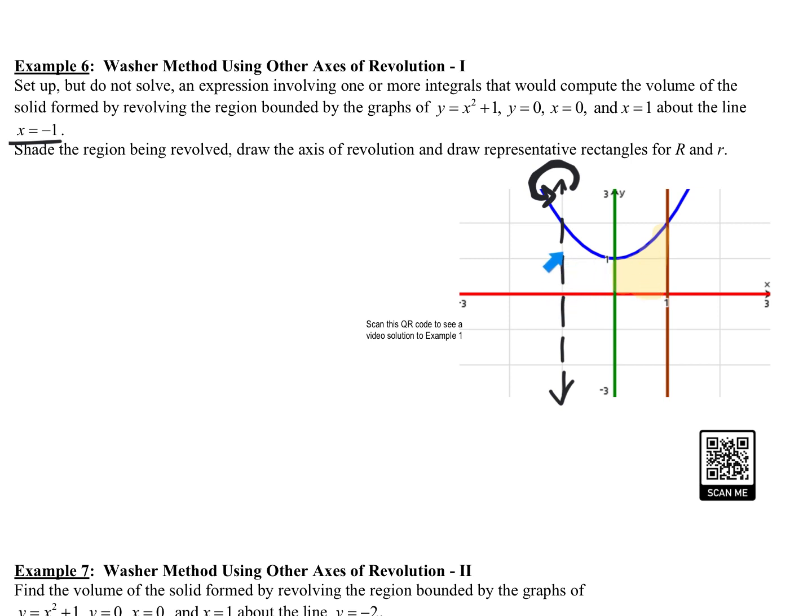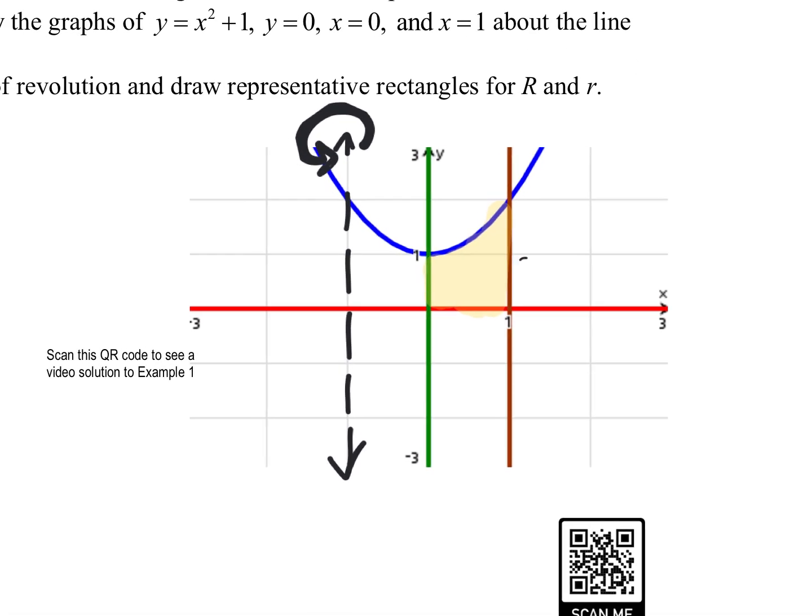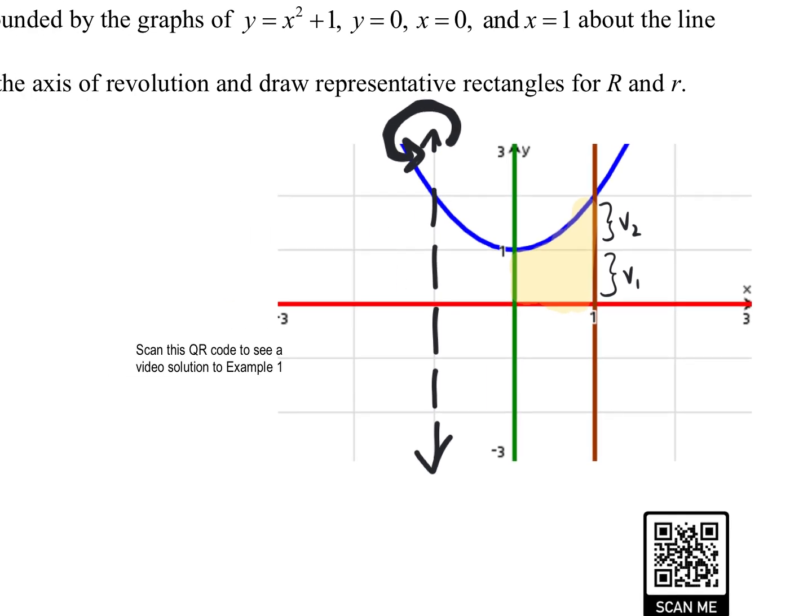But then once I get up past 1, do you see how that distance that's going away is changing each time? So we're going to have to find the volume, not just once, but twice. Again, splitting this up into volume 1 and volume 2. Okay, so let's just find, using the washer method, volume 1.